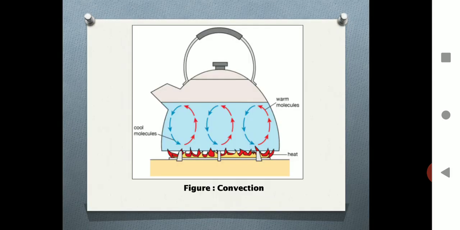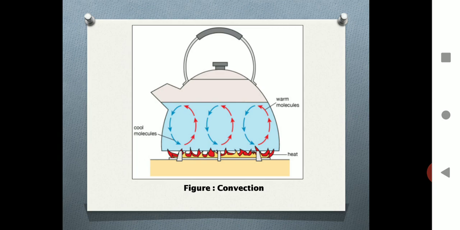Let us try to understand this with the help of this figure. Here in a kettle, some water is kept over a flame, and we are trying to heat this water inside the kettle. Now, as you can see, there are some red colored arrows, and alongside there are some blue colored arrows.